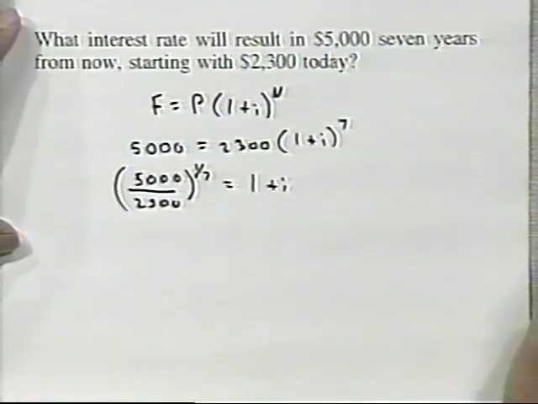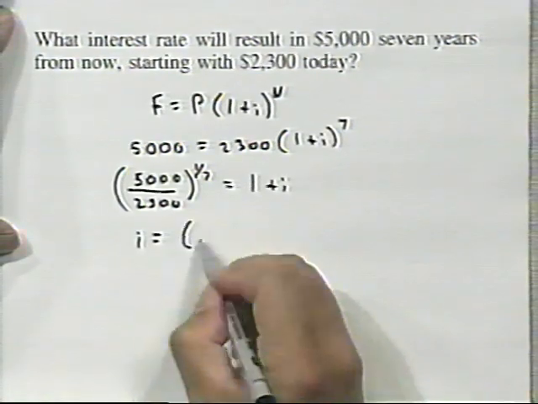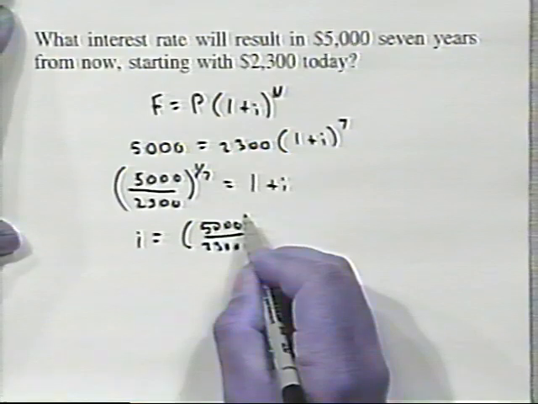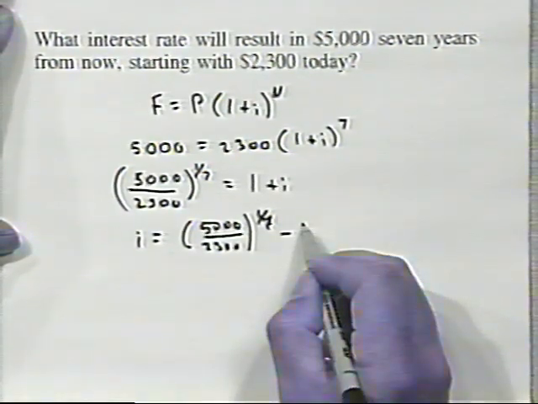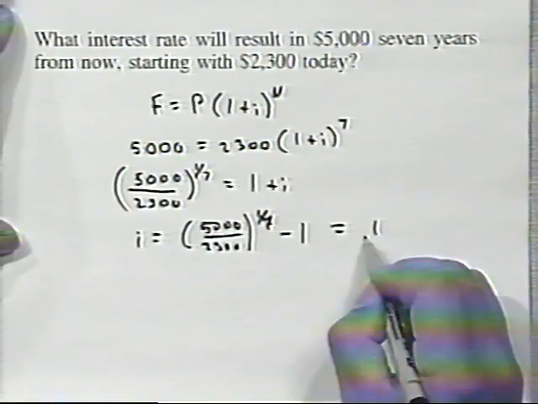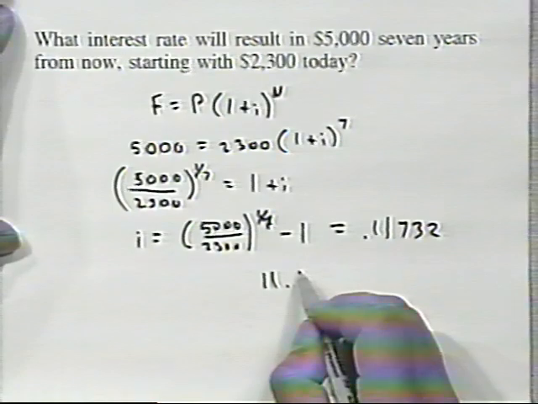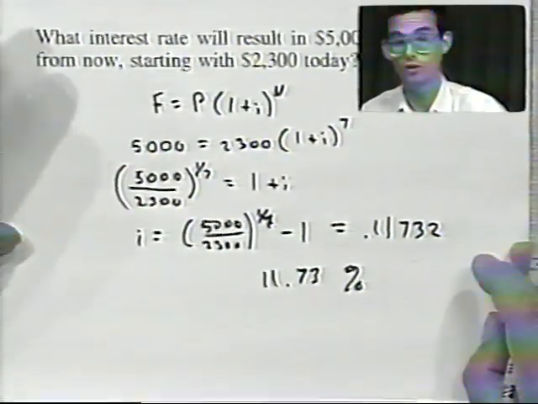And simplifying that, we get i is equal to (5,000 / 2,300)^(1/7) minus 1, which equals 0.11732, or 11.73%, which is fairly straightforward.